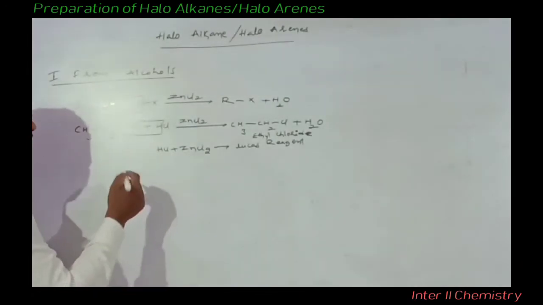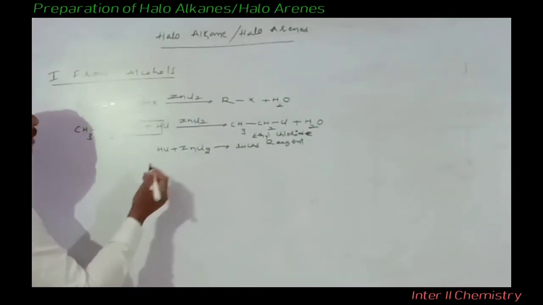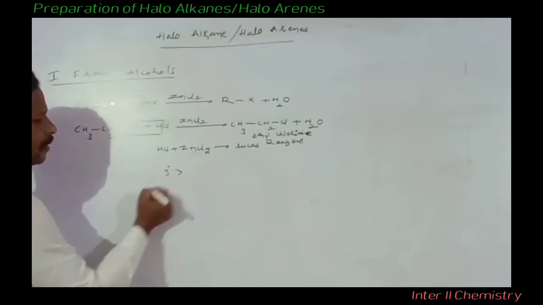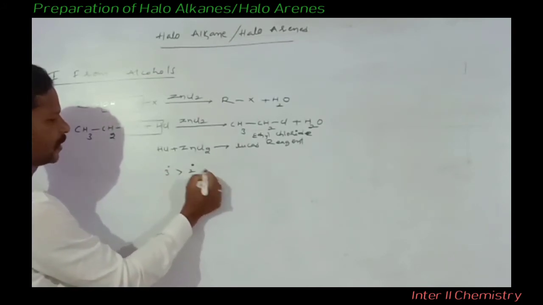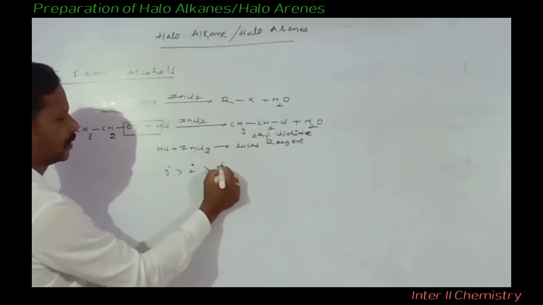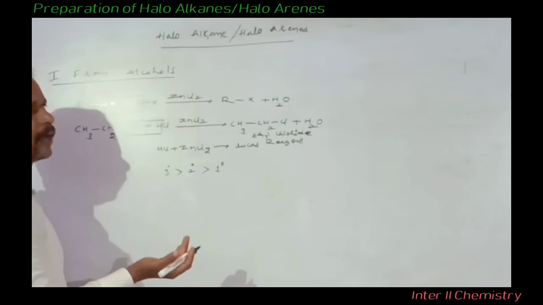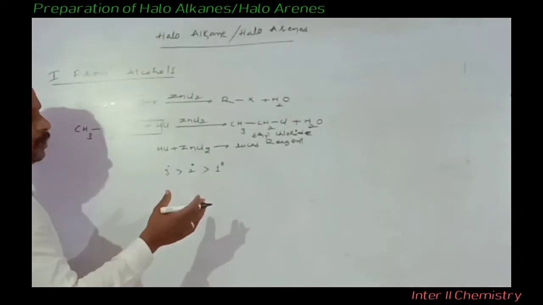What is the reaction rate of alcohols with Lucas reagent? Tertiary is very fast, after that secondary, after that primary. These alcohols are colorless, so how can we identify the reaction in the test tube?